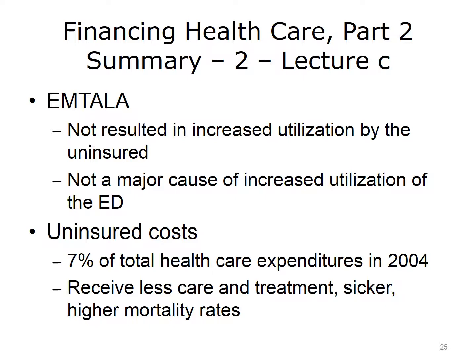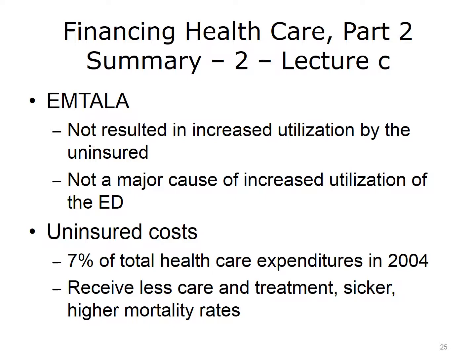Information from a study published in 2008 suggests that the percentage of uninsured using the emergency department, ED, did not increase significantly over a 10-year period. Rather, there was an increase in utilization of the ED by insured individuals with a normal source of primary care. The total cost of care for the uninsured is approximately 7% of all healthcare expenditures.